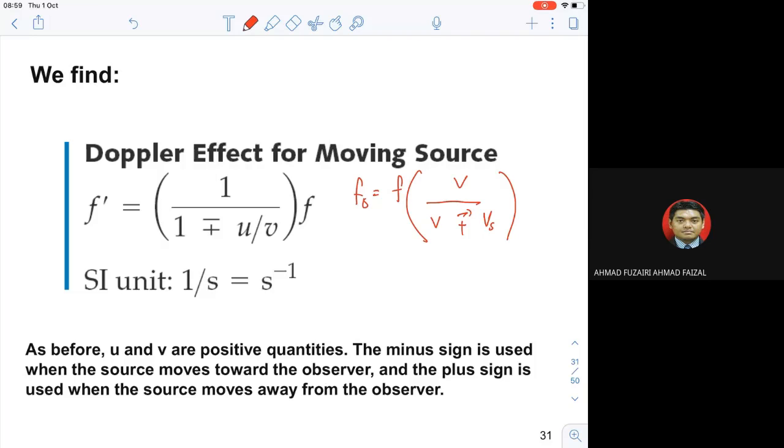Look at this: it should be minus or plus. This is only for a moving source. This V is 343, still the speed of sound in air. V source is the speed of the source.